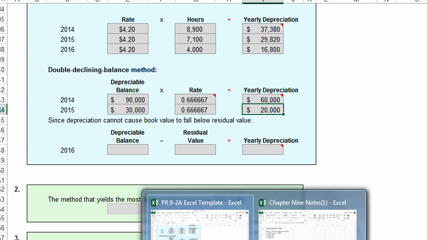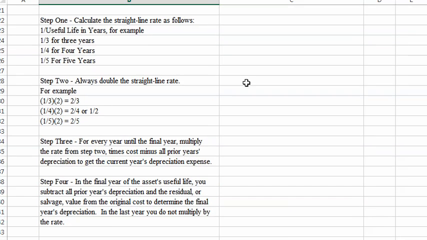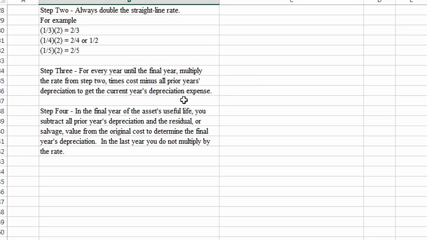So let's look at our notes again. And you guys should refer to these in working this problem. You've probably been looking at them already. In the final year of the asset's useful life, you subtract all prior years' depreciation and the residual or salvage value from the original cost to determine the final year's depreciation.